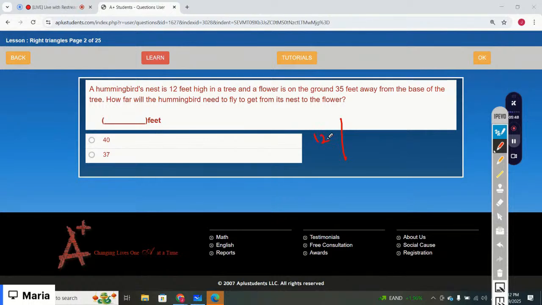So the nest is 12 feet high. The flower on the ground is 35 feet away from the base of the tree. How far will the hummingbird need to fly to get from the nest to the flower?